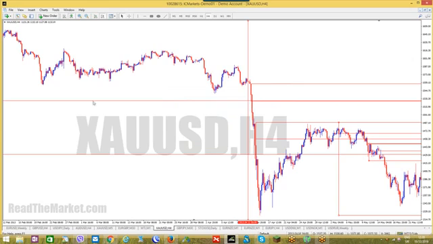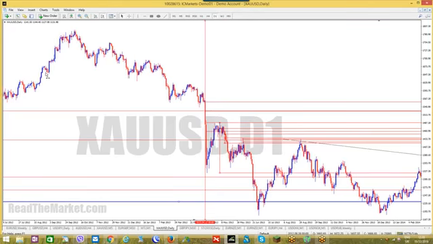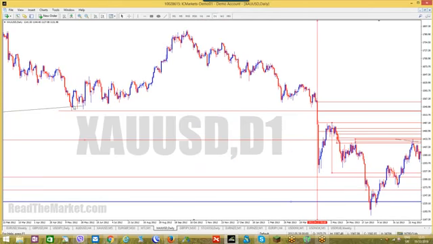Alrighty, now let me double check that this actually is the low that we're looking at. The low of that is 1526.91.